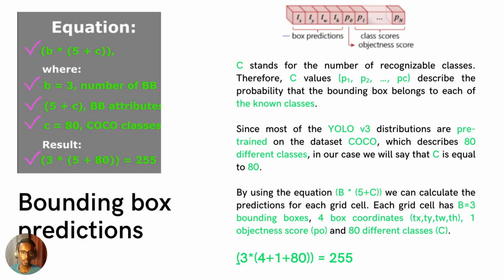And since most of the YOLOv3 distributions are pre-trained on the COCO dataset, which describes 80 different classes, in our case, we will say that C is equal to 80. And by using the equation B multiplied by 5 plus C, we can calculate the predictions for each grid cell. Each grid cell is going to contain 3 bounding boxes, so B will be equal to 3.